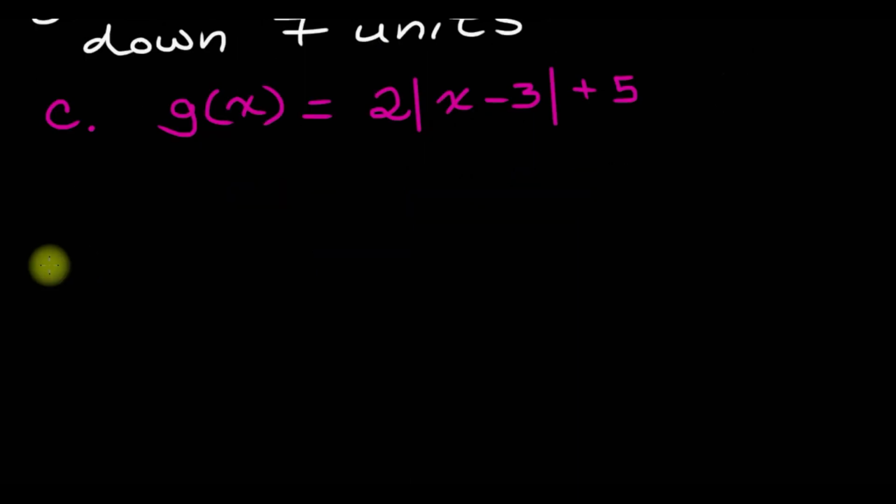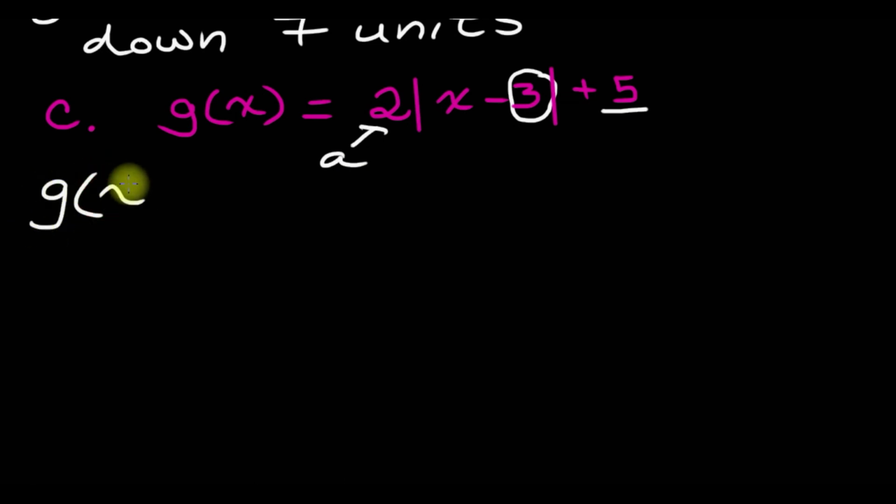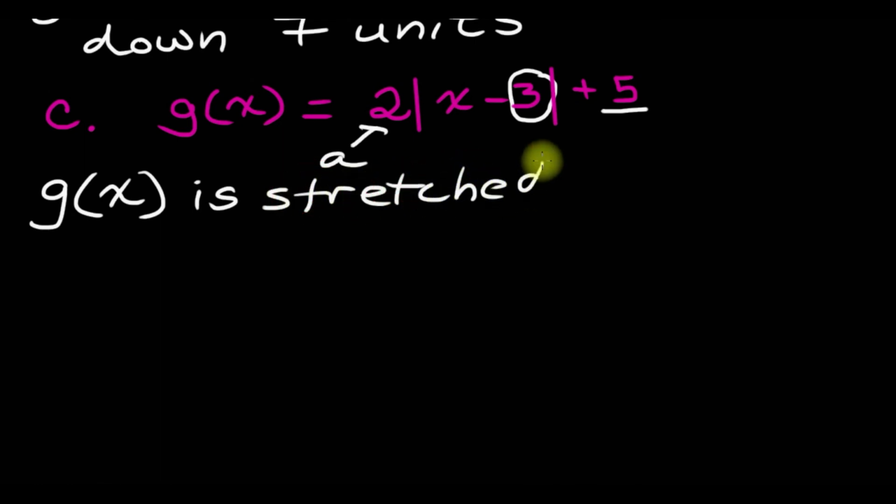So here's g of x. This one has everything. So you got the a, and it's bigger than 1. And here's your h, just the 3 is your h. And then this is your k. So we have to compare all of that to the parent function. From the parent function, g of x, your a is bigger than 1, so we say stretch by a factor of 2.